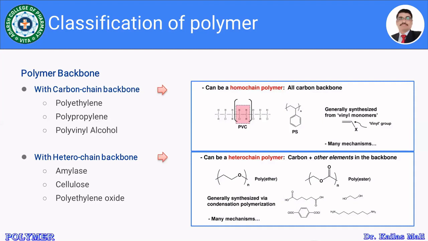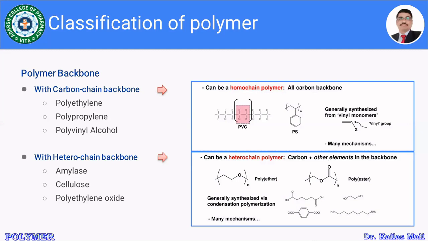So in the case of PVC, it contains only the carbon chain backbone. In the second case, the hetero chain backbone consists of hetero chain polymers, say carbon plus other elements like oxygen, nitrogen, sulfur, and so on.